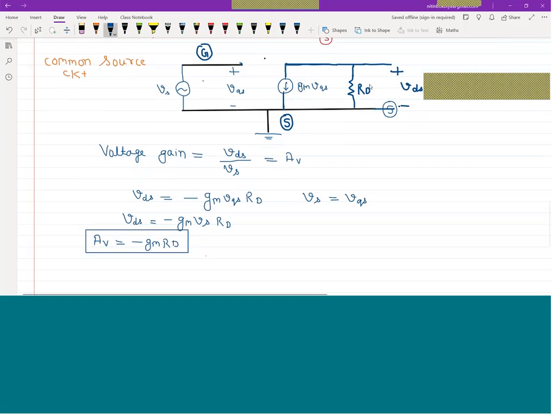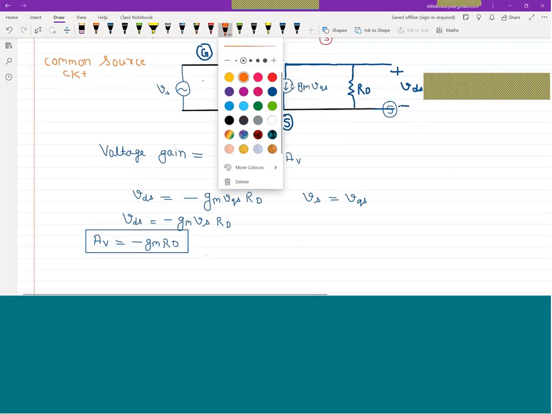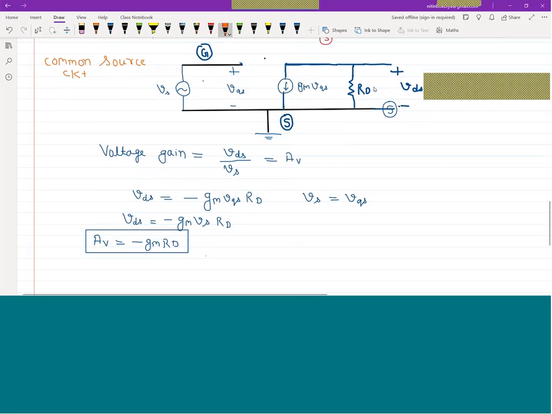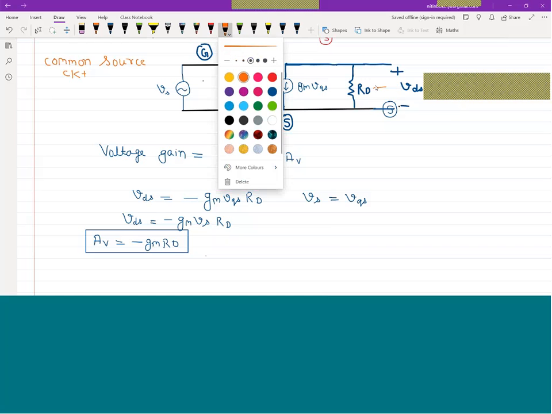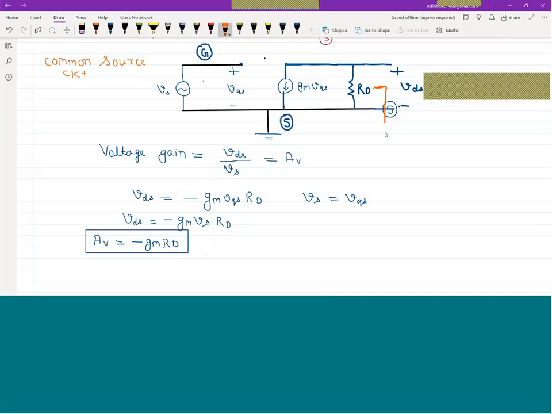Now we are interested in output resistance. So how to calculate output resistance? The resistance from this point is known as output resistance, R out, and we are interested in this resistance by making VGS equal to 0.